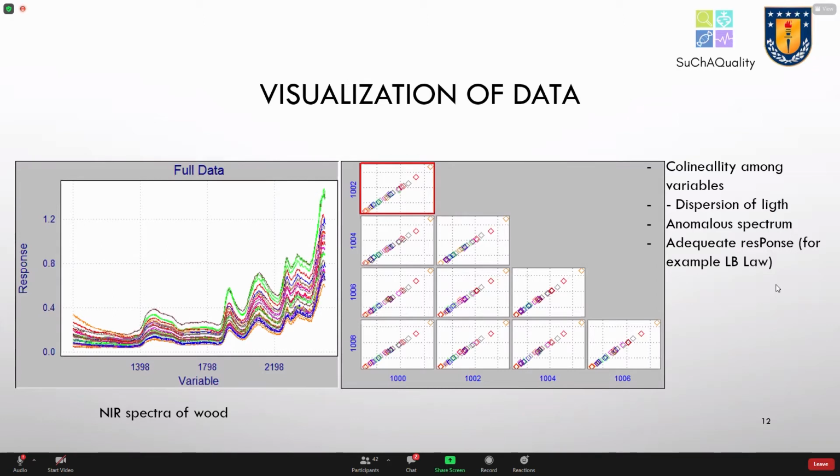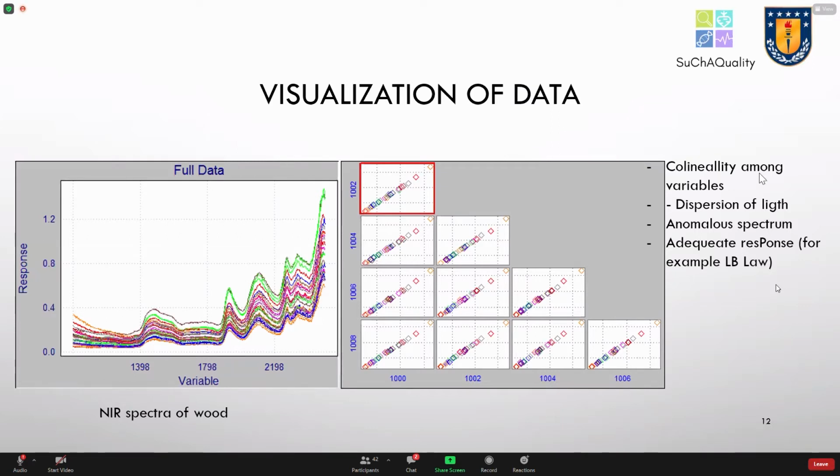Okay. So in this specific case, we also see some anomalous response of the samples produced by the size of particles. And we can see that because we have this scattering here, and it will be solved by using some chemometric methods, like multiplicative scattering correction.